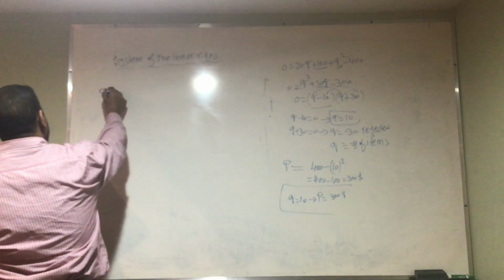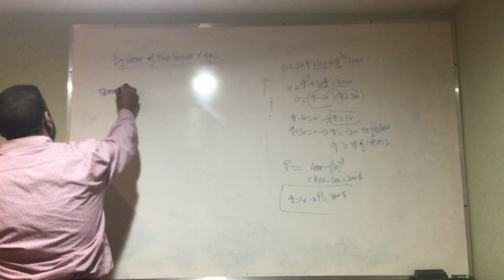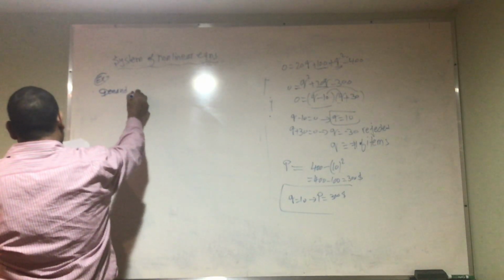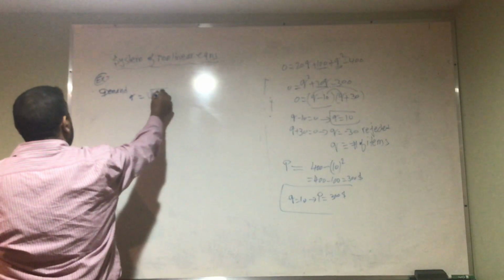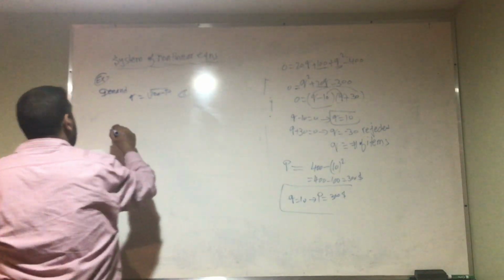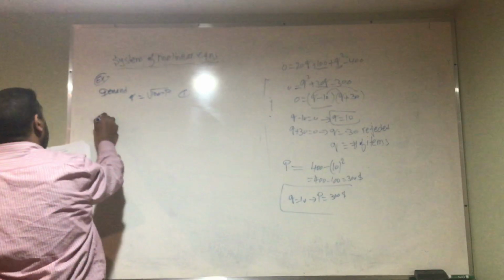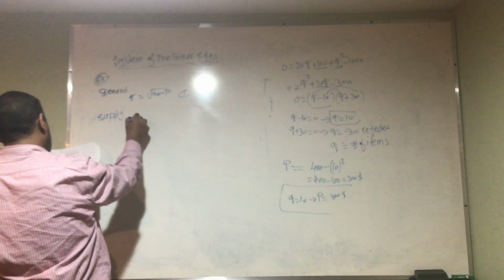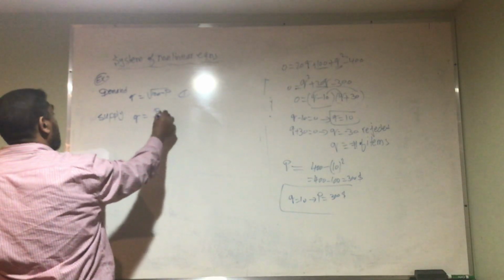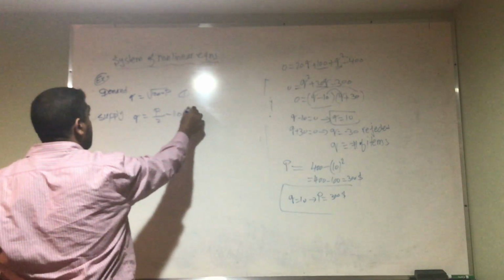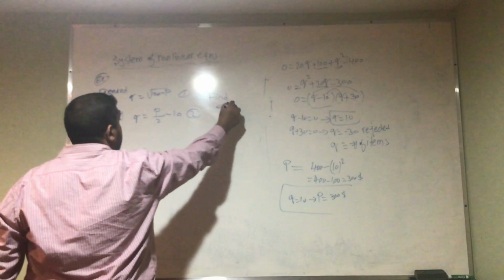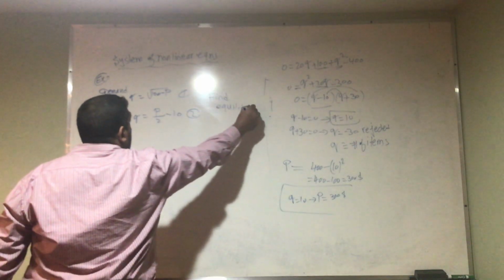They tell you the demand: Q equal square root of 100 minus P. That is equation 1. Equation 2, the supply, Q equal P over 2 minus 10. What is the question here? Find the equilibrium. I need to find the equilibrium point.